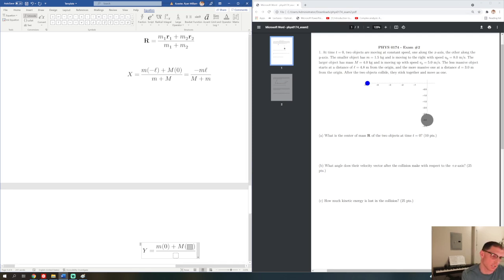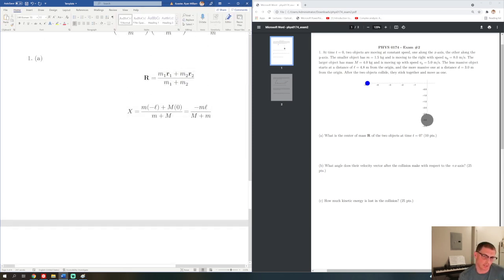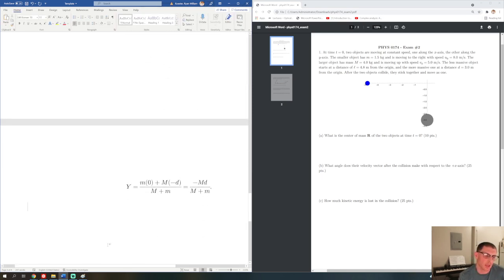I called that d, so it's negative d over big M plus little m. And then this works out to be negative big M d over big M plus little m. I'm just saying that big X is the X component of the center of mass, and big Y is the Y component of the center of mass.